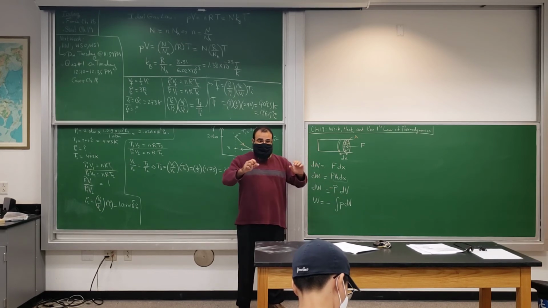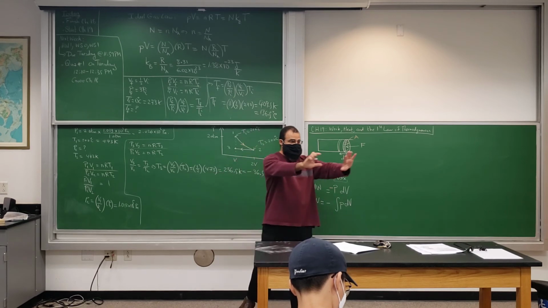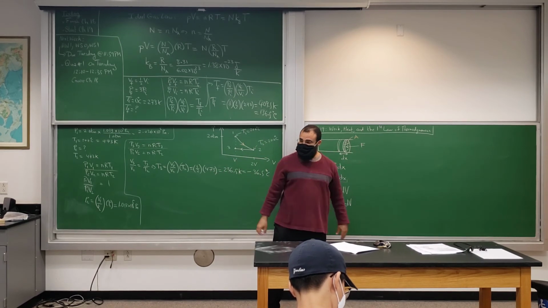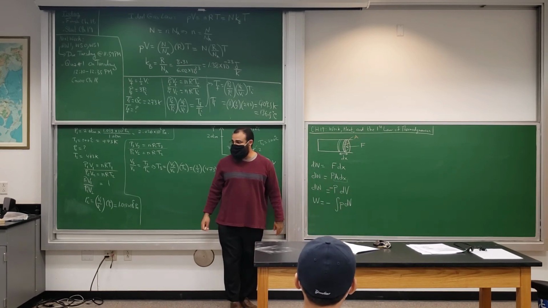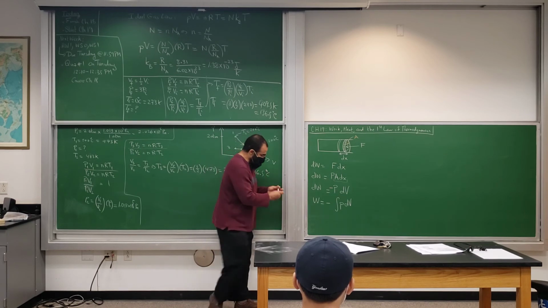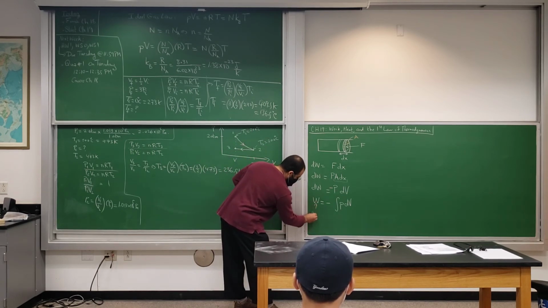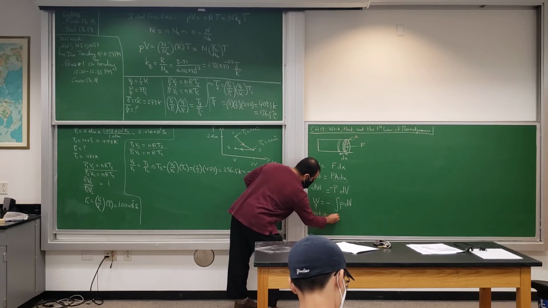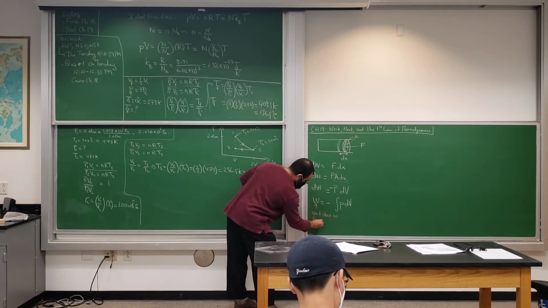If it expands, it means the gas has pushed the piston away, and so it caused the displacement in the direction it wants to push it. That's positive work. Okay. So this W here, that's right, is work done on the gas.